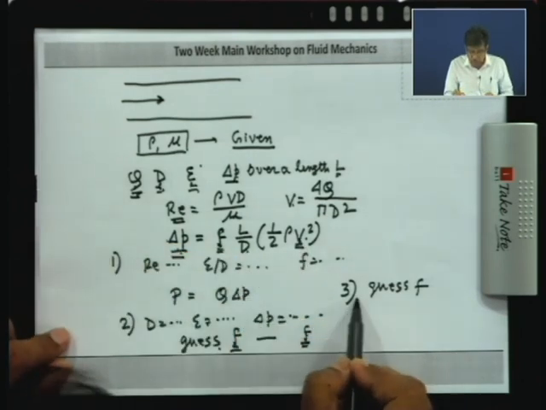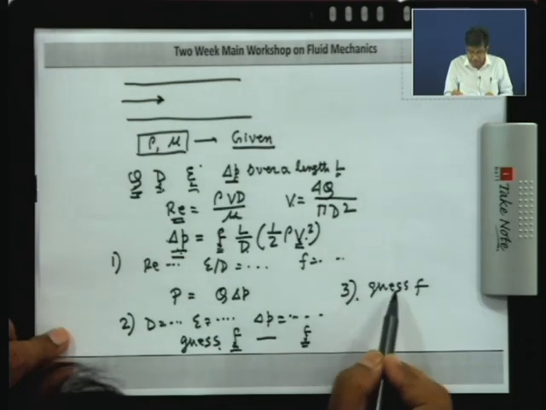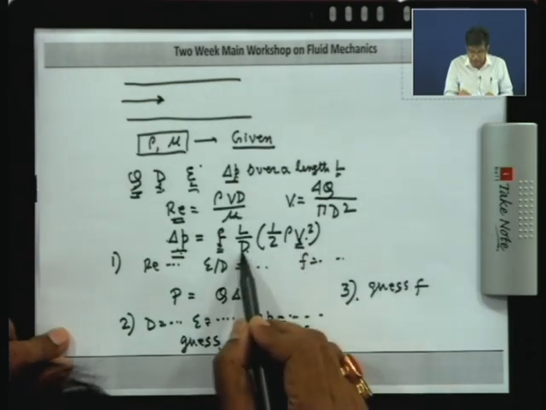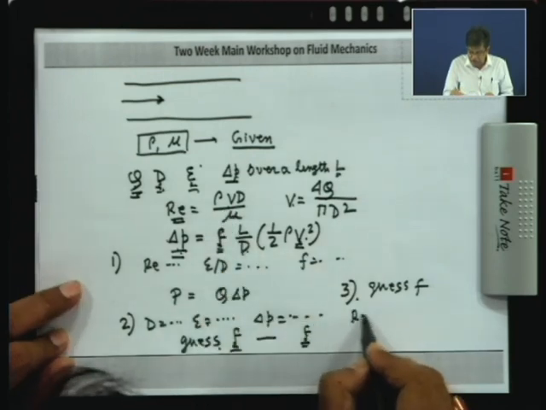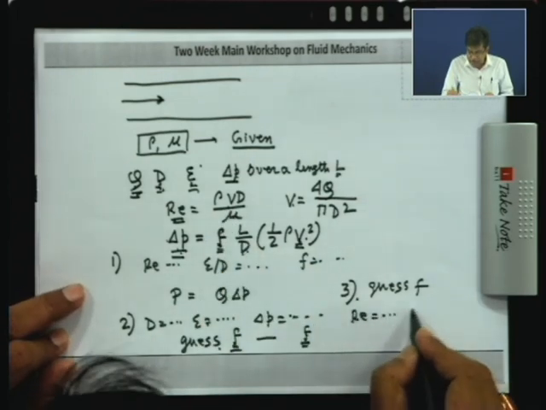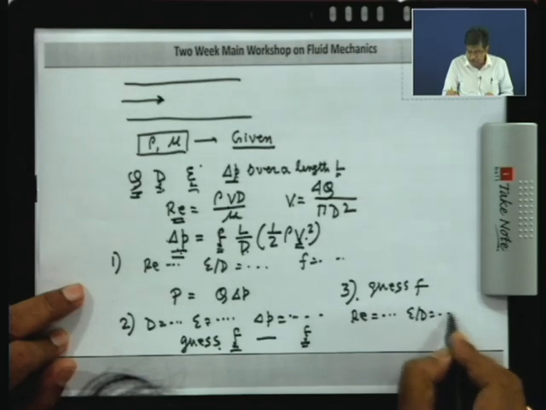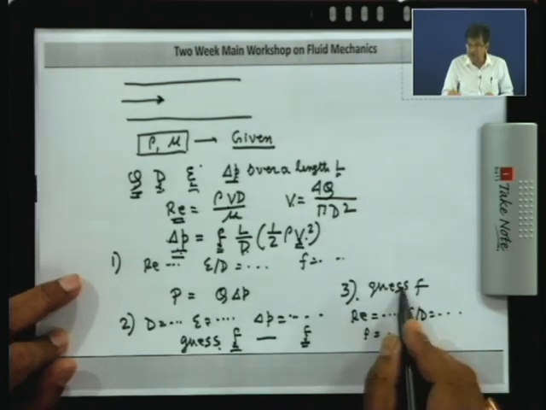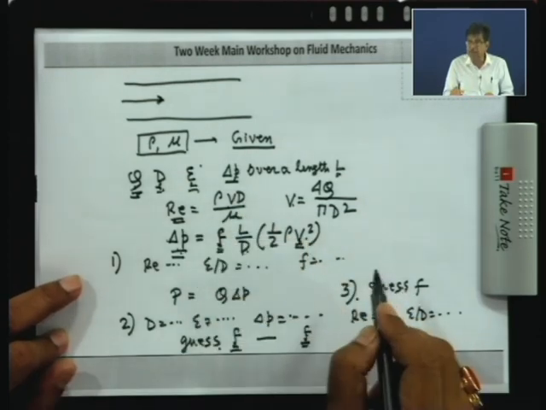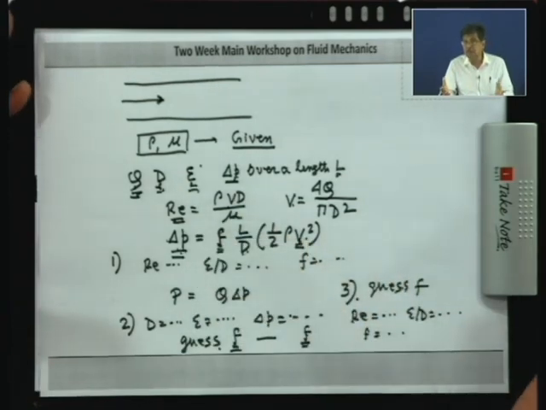Here D is not known, category number 3. So, guess f and find out D from here. Then you know the Reynolds number. When Reynolds number is known and epsilon by d is known, then f can be found from Moody's diagram, compared with the guess value, substituted again, and you repeat the process iteratively to make a solution.